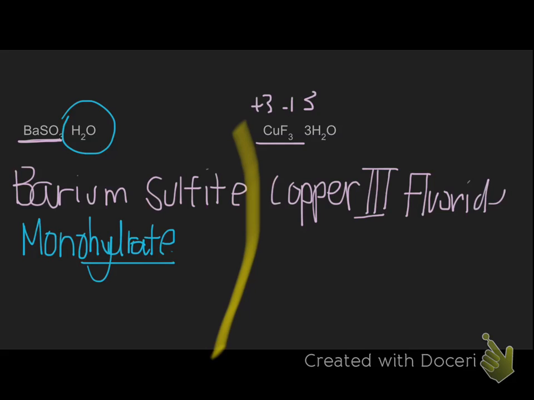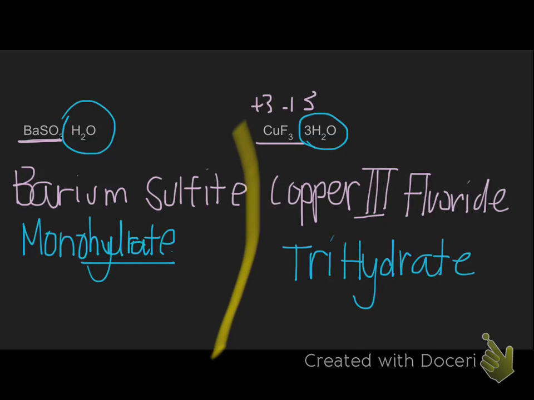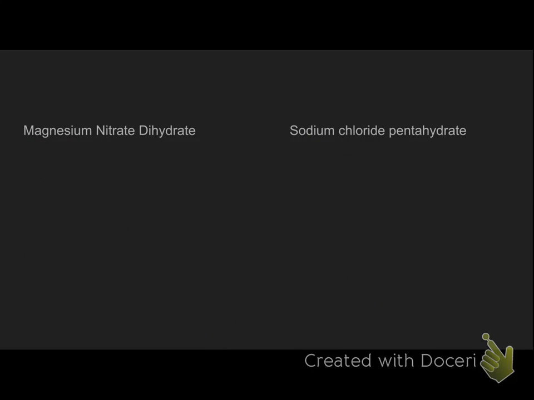Your anion always ends in an IDE. And then we go to our hydrates right here. We have 3 waters, so that is trihydrate. All right, easy enough, huh? All right, next one.